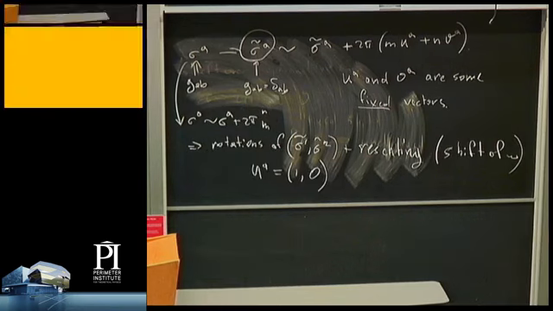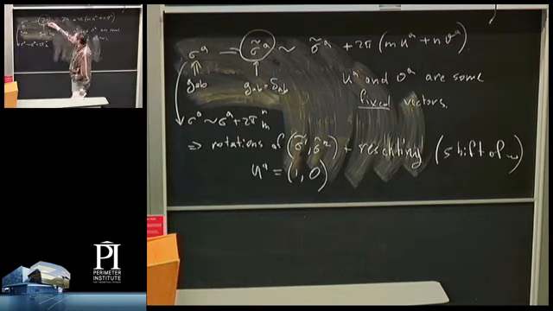So what this tells us is that once we went to these new coordinates, there is still a residual freedom left. We can preserve all these nice features of having a flat metric, and we can still do constant rescalings, right? And what else can we do? We can do rotations.